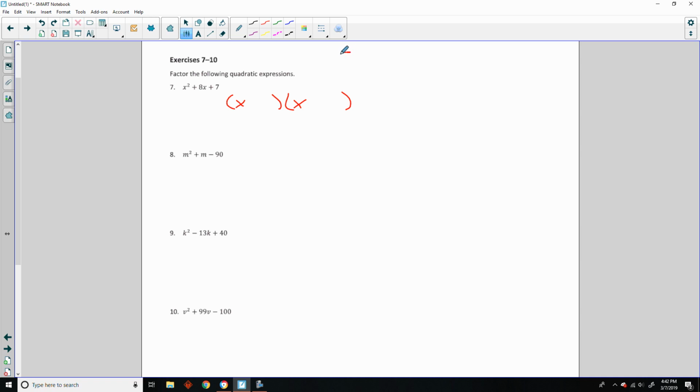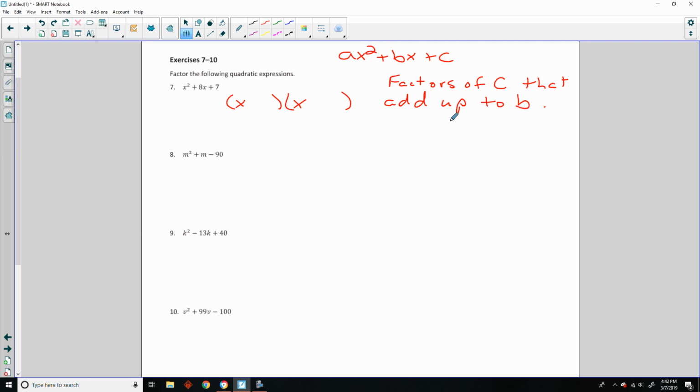So here's what I tell my students. So we have ax squared plus bx plus c. What I tell them is factors of c that add up to b.